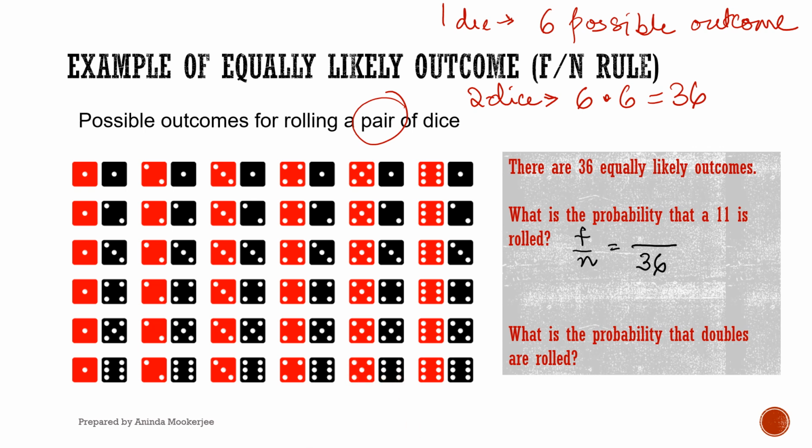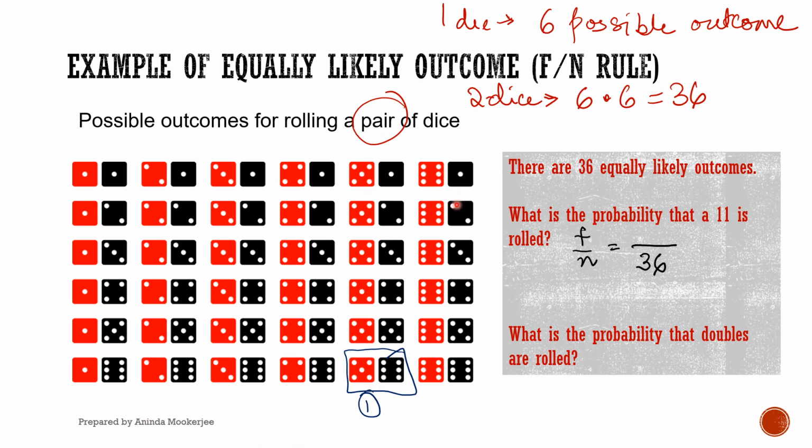So I'm going to mark this as 1. One way we got 11. That means when we get a 5 on the red die and a 6 on the black die, that's one way we can get 11 when we roll the pair.